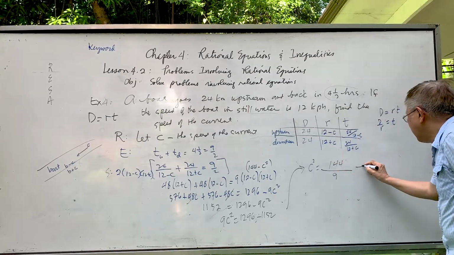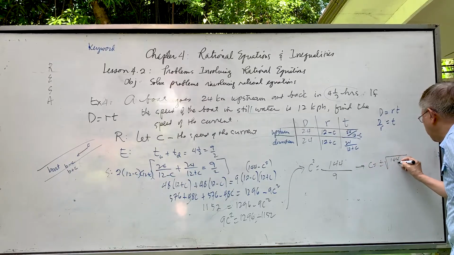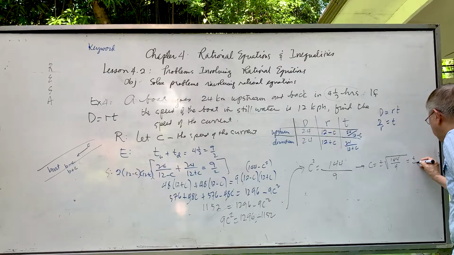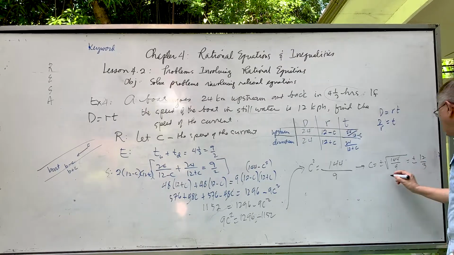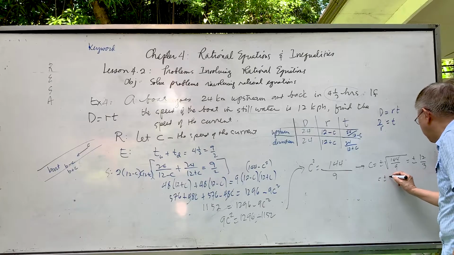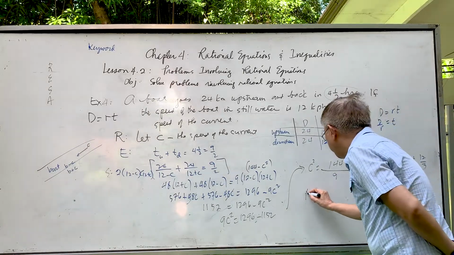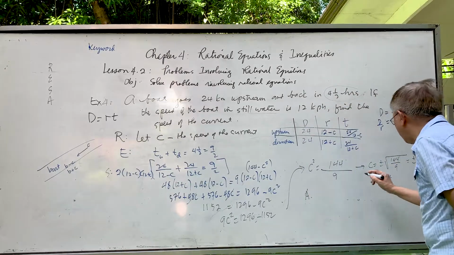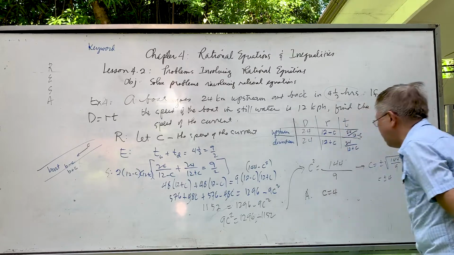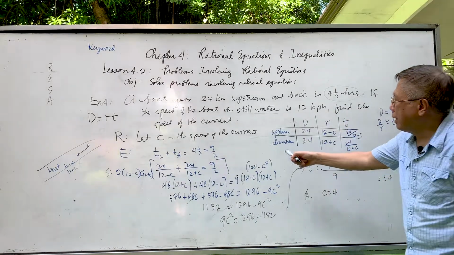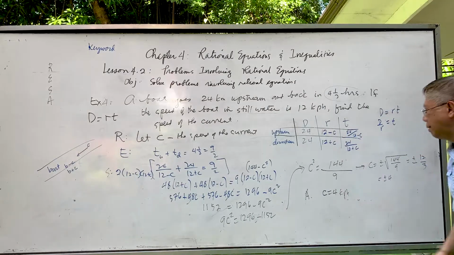And extracting roots, I get C equals plus or minus the square root of 144 over 9, or this is plus or minus 12 over 3, or this is plus or minus 4. But our answer should only be the positive value of C. So C should be equal to 4. So the speed of the current is 4 kilometers per hour.